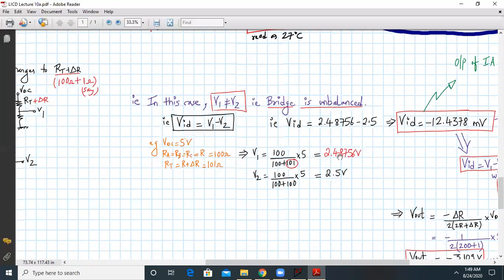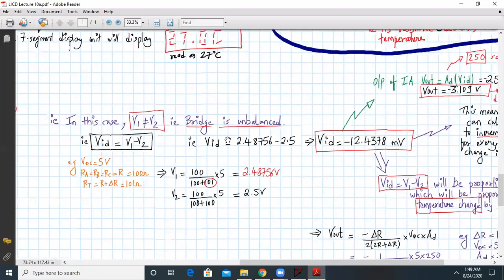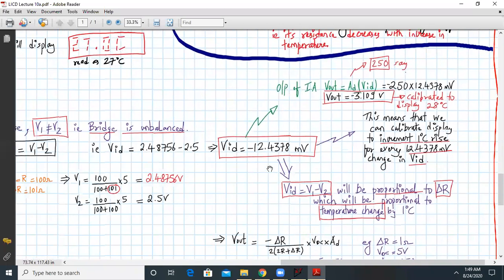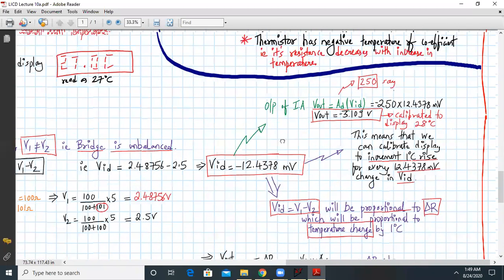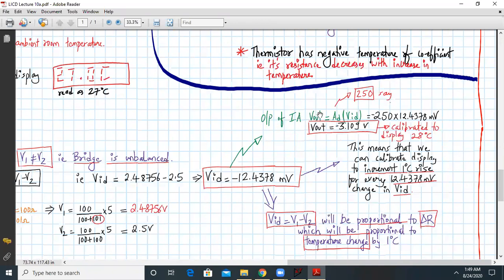So V1 we got as 2.48756 volts, and V2 as 2.5 volts. The difference, V1 minus V2, is around minus 12.4378 millivolts.